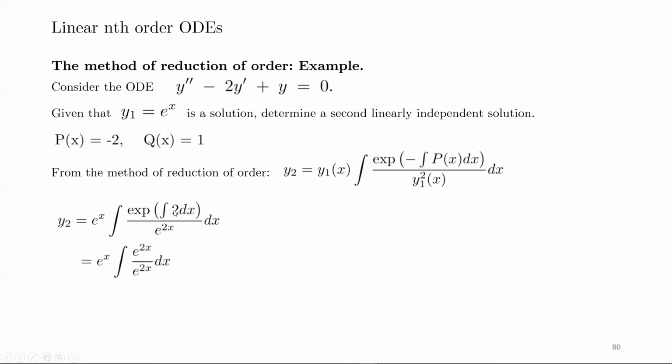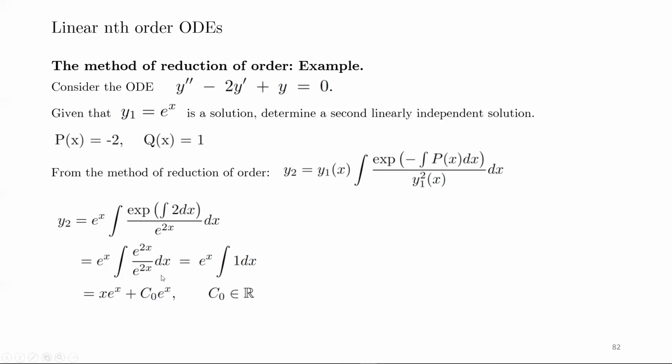So we're going to get y2 equals e to the x times the integral of e to the 2x over e to the 2x. Well, that's easy, right? That's just 1. So now we just get e to the x times the integral of 1 dx. Well, the integral of 1 dx is just x, right? So y2 is equal to x e to the x plus our integration constant times e to the x as well.